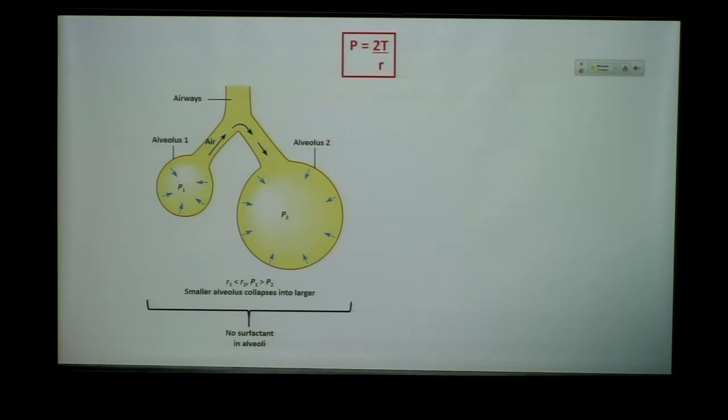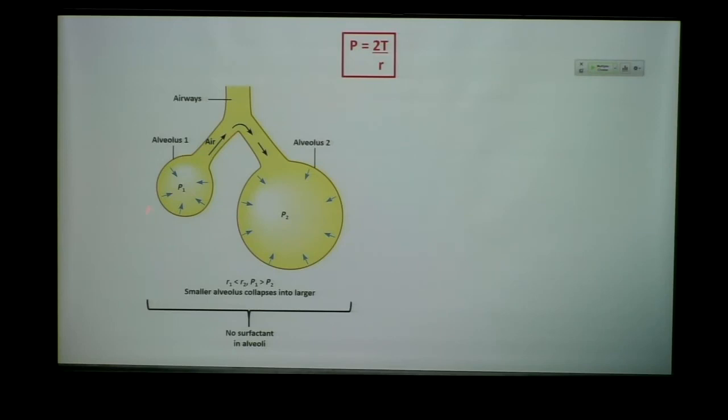And so what we see is that a small alveolus needs more pressure to keep it open. A large alveolus needs less pressure to keep it open, according to this relationship. And what that creates in the instance of no surfactant, right? So there's no surfactant in this scenario, and that creates this environment where we have high pressure required here, low pressure required here.